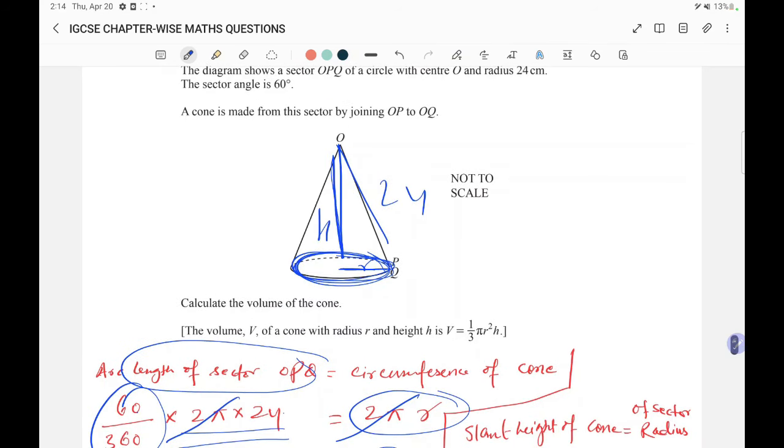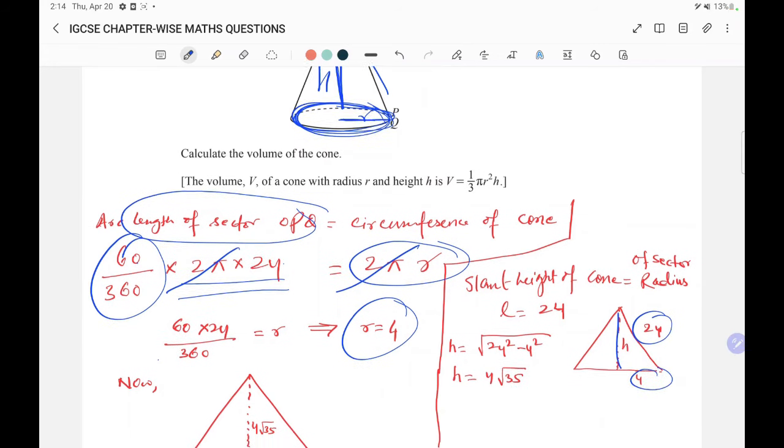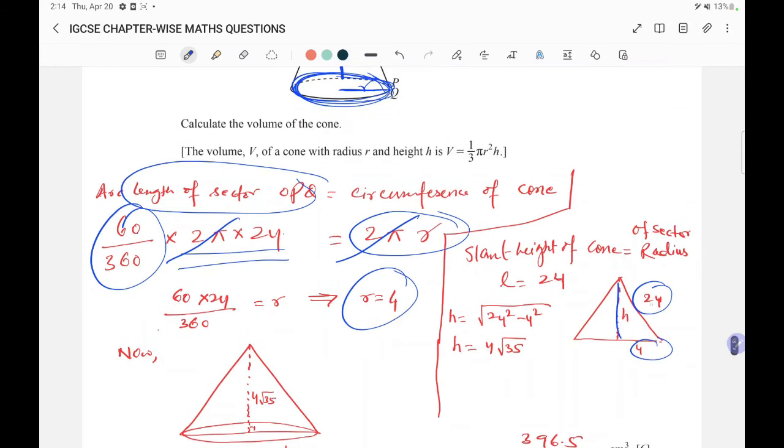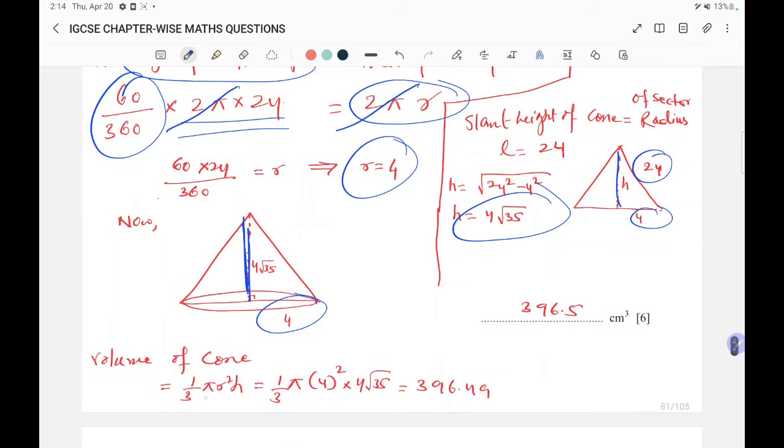Then height we can find with Pythagoras theorem: root of 24 squared minus 4 squared, which is 4 root 35. So volume of cone is 1/3 pi r squared h, 1/3 pi 4 squared, and height is 4 root 35. Just calculate, 396.49, which is 396.5.